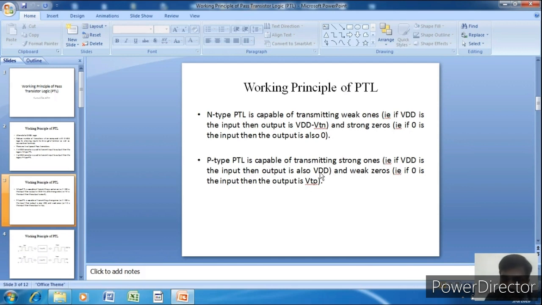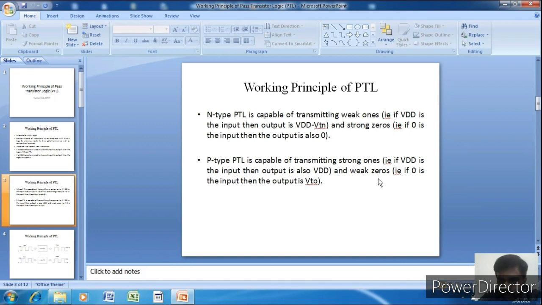But on the other hand, if we are trying to transmit a 0 through a P-type pass transistor logic, we will get only a VTP at the output. VTP means the threshold voltage required to turn on a PMOS transistor.